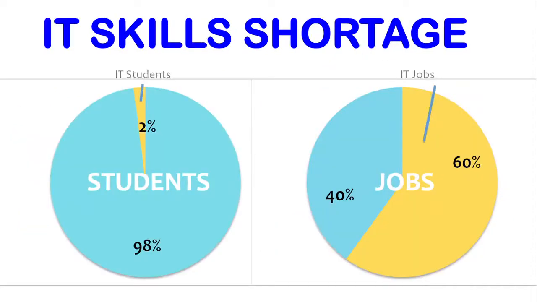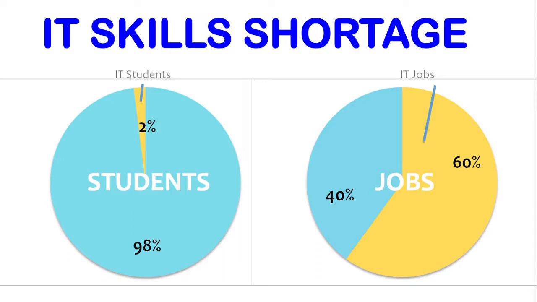So as I was saying, there is an IT skills shortage. If we look at the number of students that typically study digital technology and computer science, and again, this data is a couple of years old, only 2% of students study IT, believe it or not, at A level and beyond at university.